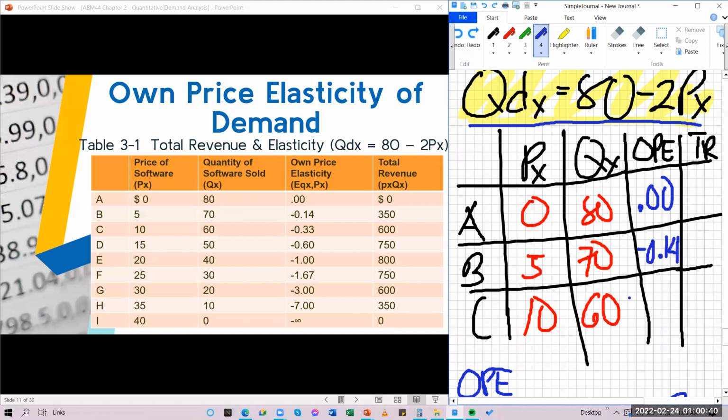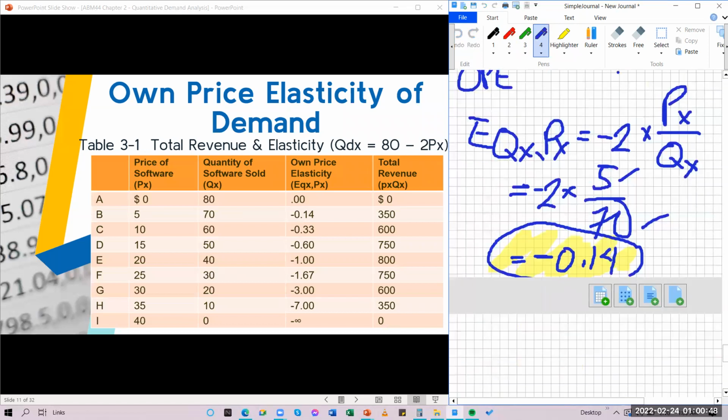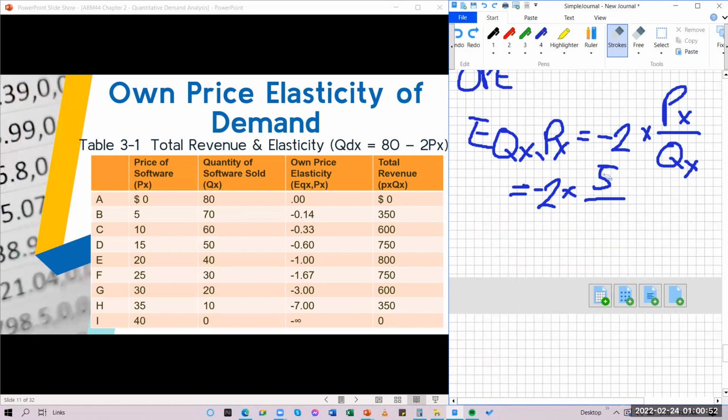So let's continue. We will be using this one, price of 10 and quantity of 60. I hope you are still with me. As I said earlier, the price is 10 and the quantity is 60. As per our table, 10 price and quantity of 60.